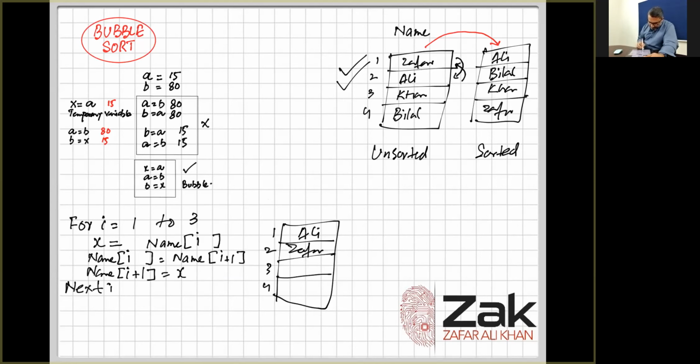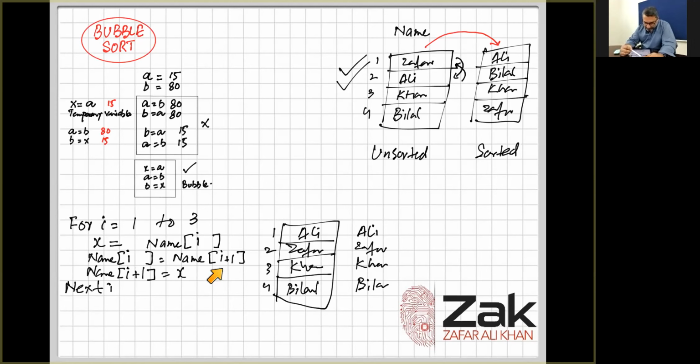This is Khan and this is Bilal. So what has happened is that Ali has come here. This is Zafar. This is Khan. This is Bilal. Now I is 2. So X is equal to name 2. The value of X is now Zafar.